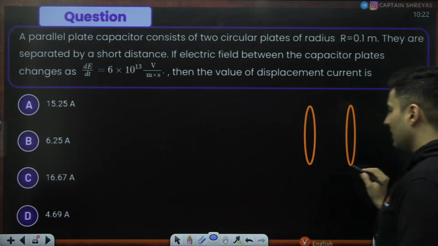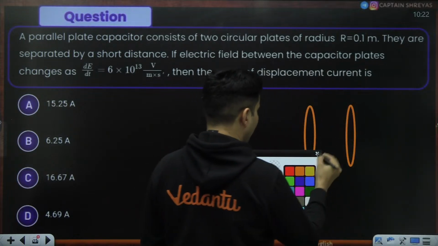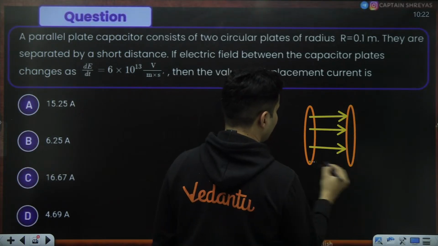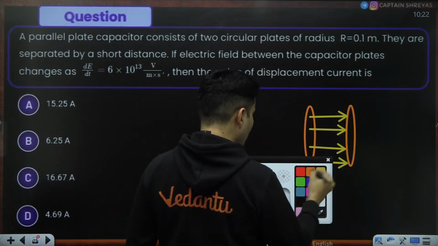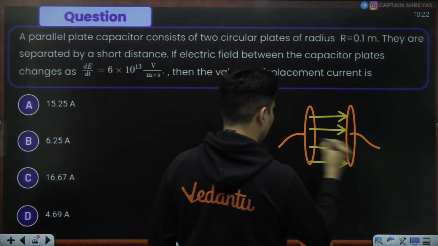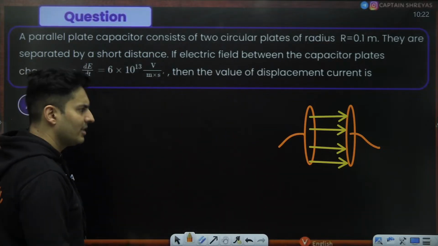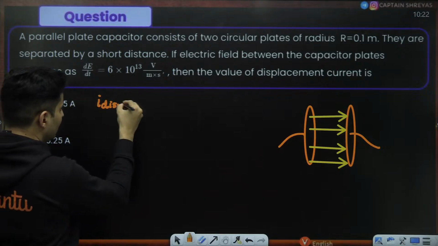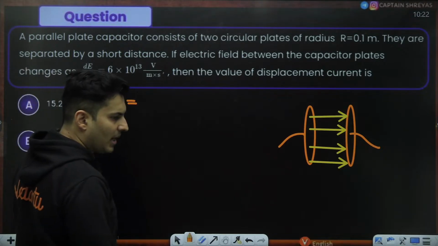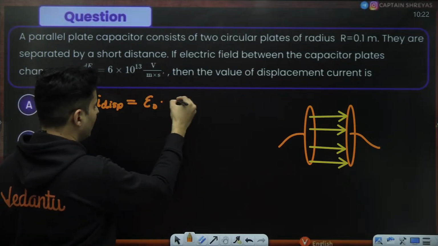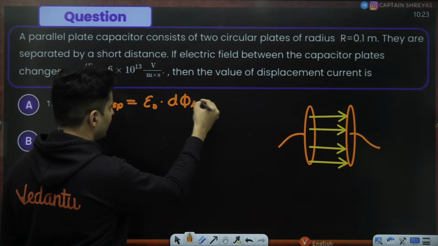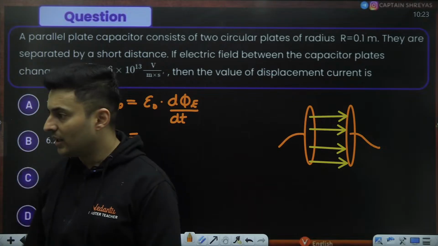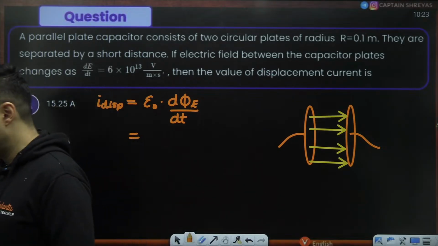If you have 2 plates like this and there is some kind of electric field between them which is changing, then the value of the displacement current is given by permittivity multiplied by rate of change of electric flux. This is the manner in which you find out the displacement current.